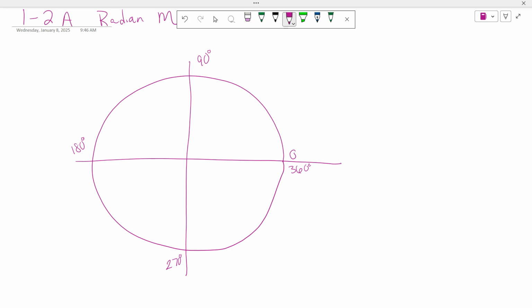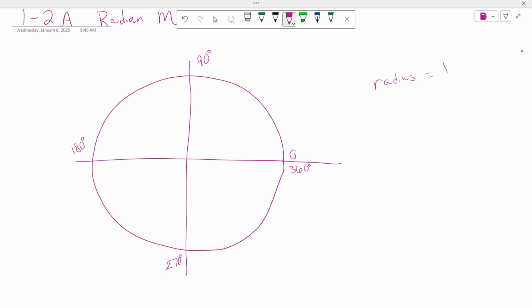All right, so let's say the radius of this circle equals 1. The radius of this circle and a radian are very closely connected.